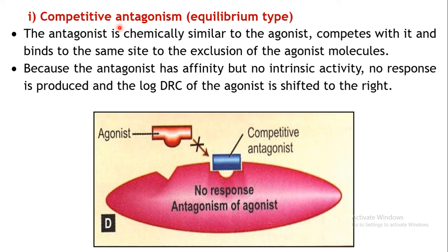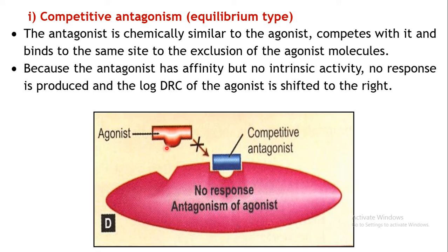As the name implies, competitive antagonism means there will be a competition between the two substances for the same site. So here the agonist as well as the competitive antagonist will compete for the same site on your receptor. So there will be some structural similarities between the two.